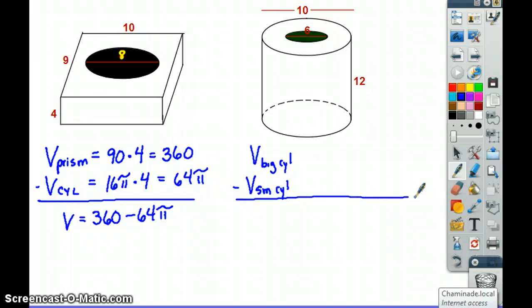Volume is area of base times height. Well, the big cylinder, the diameter is 10, which means the radius is 5, giving me the base area 25 pi times the height. That gives me a volume of 300 pi.